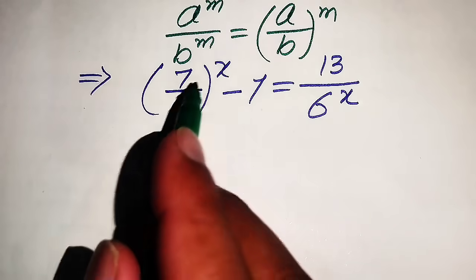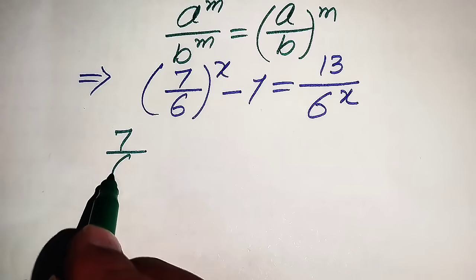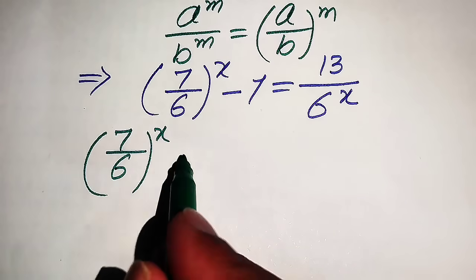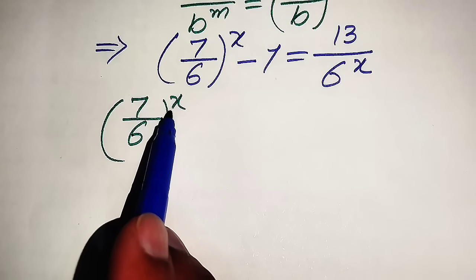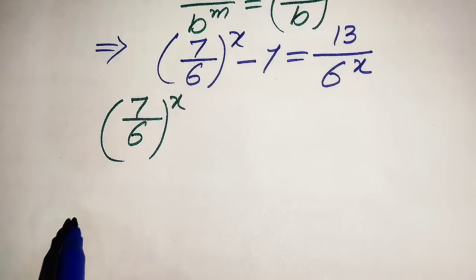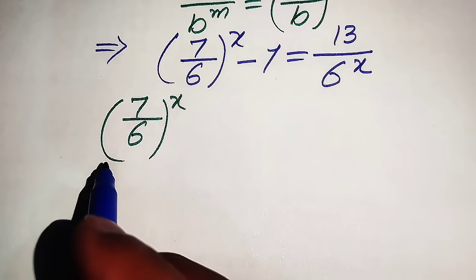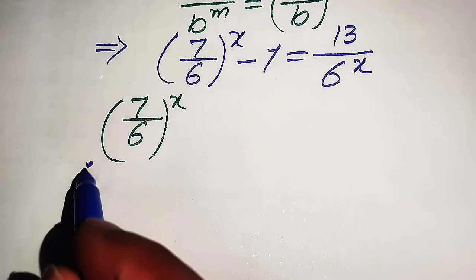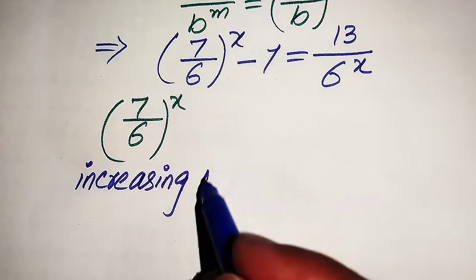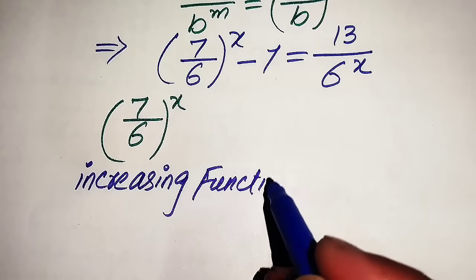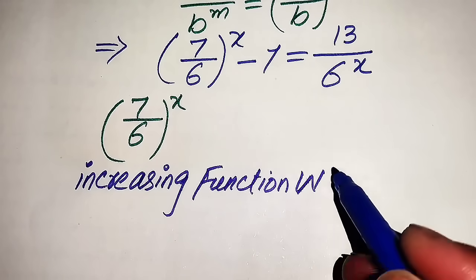So here we need a little bit of discussion on 7 over 6 and its whole power x. Okay, so here you see that whenever the value of x is increased, this function becomes an increasing function. It means that we can directly say that this function is an increasing function whenever our x is increasing.